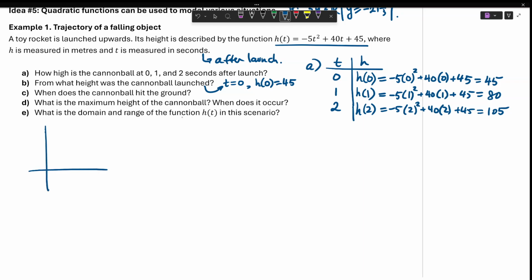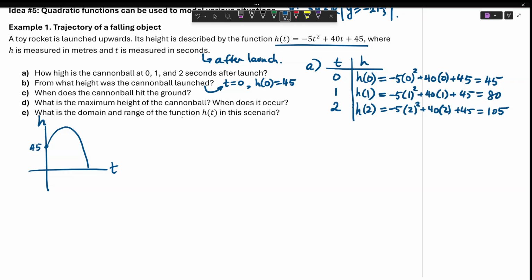So we have our time and the height. Time is the independent variable, height is the dependent variable. We know that we're starting at 45 meters and we're going up, right? So 45, 80, 105. And eventually it's going to come back down again because, first of all, it's a rocket, it's going to come back down. And second, we know it's a parabola.